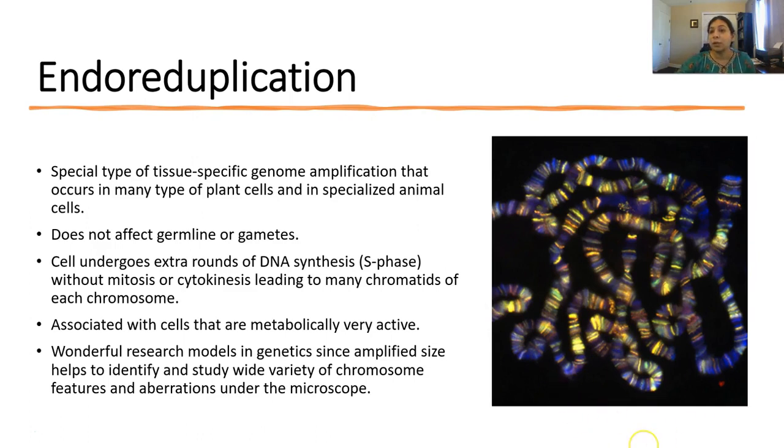Like I said, these are called polytene chromosomes because they have multiple chromatids all joined together. They are super cool to observe and super exciting to work with for geneticists interested in studying these bands, genes, and chromosomes.